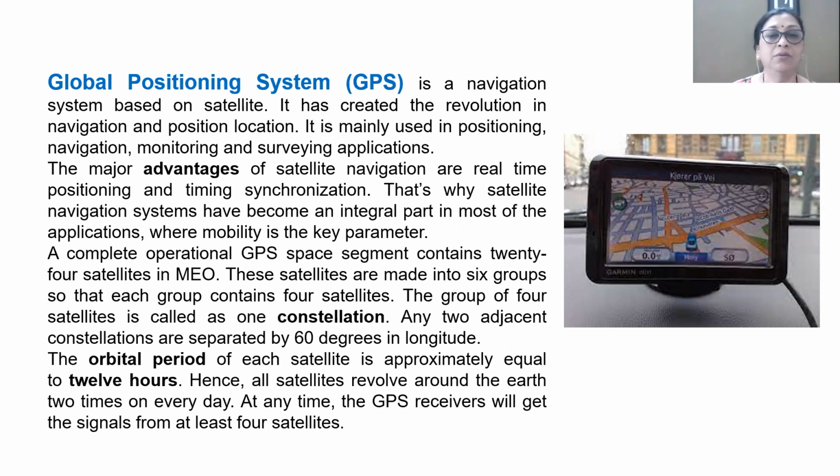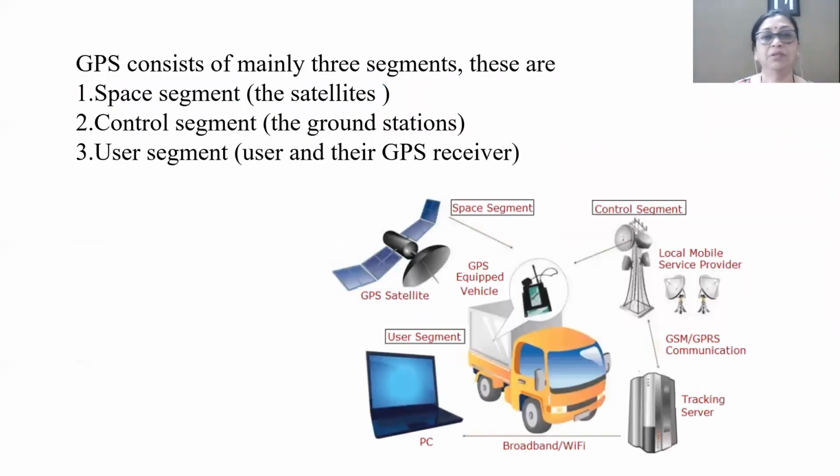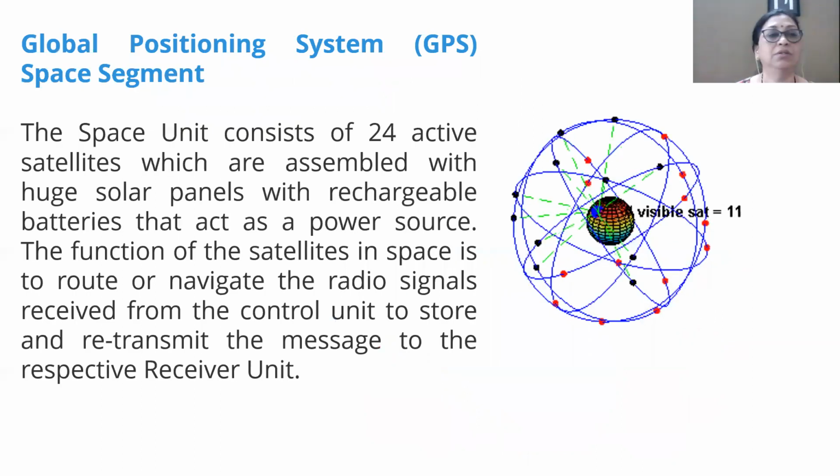Now, as we have seen, there are mainly three parts of this system. The space segment, the control segment, which is also called the ground segment or ground stations, and the user segment, or GPS receiver that we are using. So these are the three components.